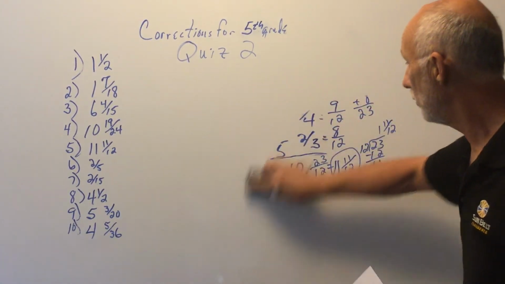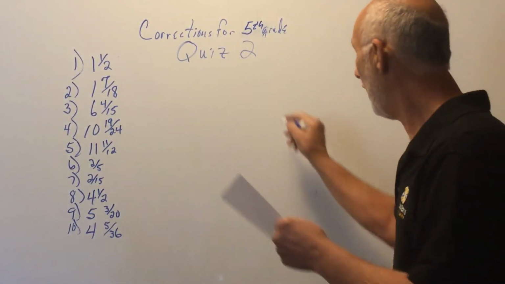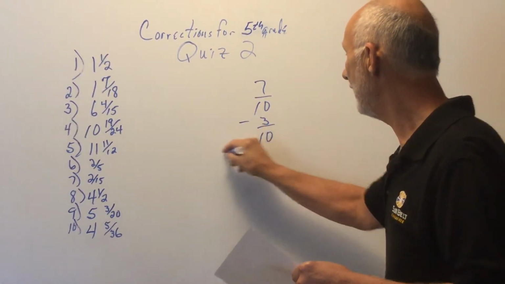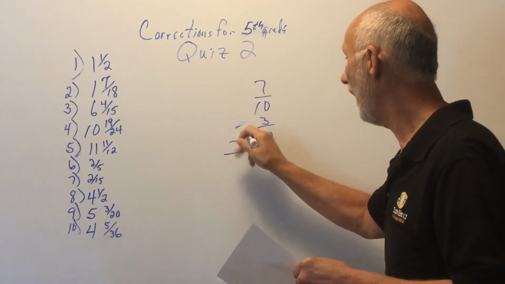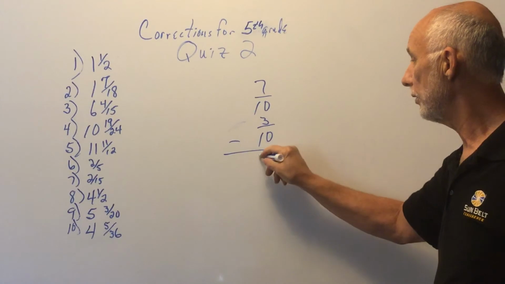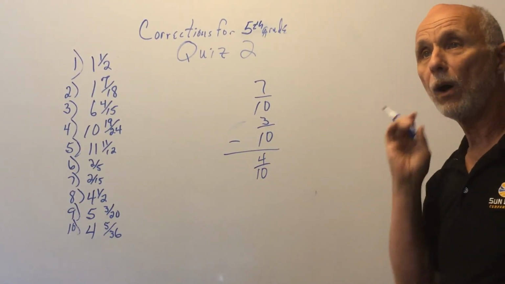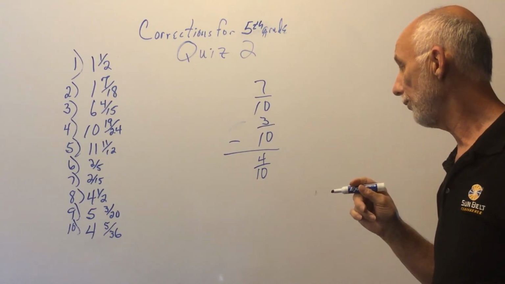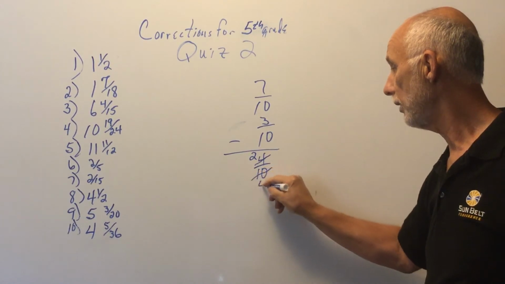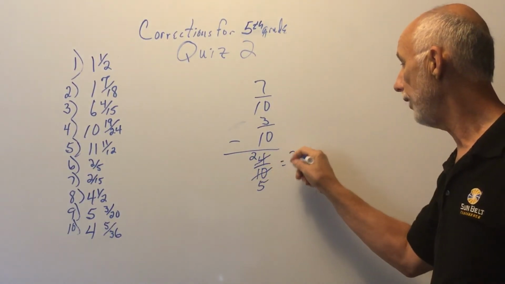Now we go to problem number 6. It's a subtraction problem, 7/10 minus 3/10. Again, it's a subtraction problem, so don't add, okay? Subtract. 7 minus 3 is 4/10. Subtract numerators, keep the denominator the same, but your answer's wrong because it can be simplified. 2 goes into 4 2 times, 2 goes into 10 5 times, and that's where you get the answer of 2/5.